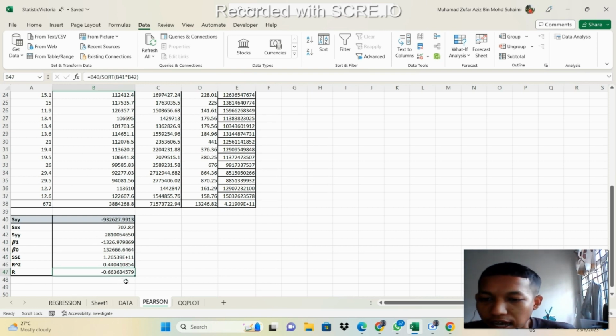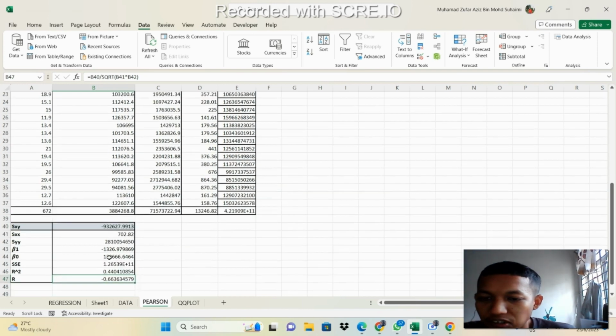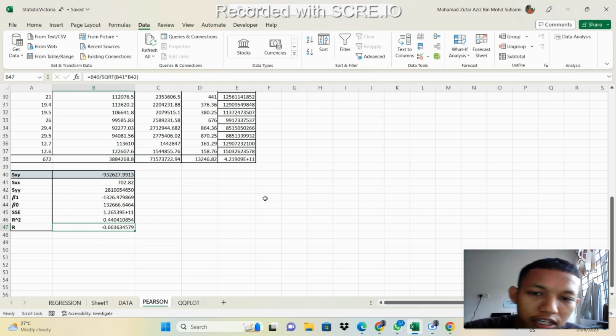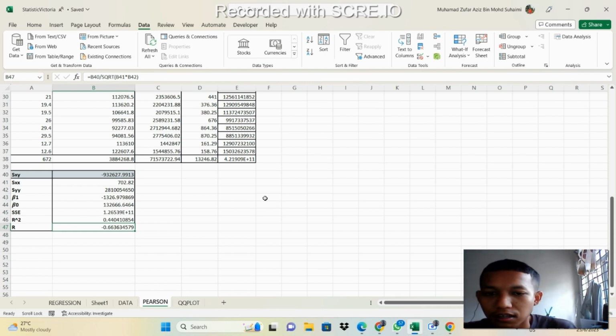So what can I conclude from this correlation calculation? You can see that the alpha, beta 1 and beta naught are similar, because in the slides it states that the value of y is equal to b1 x plus b naught.